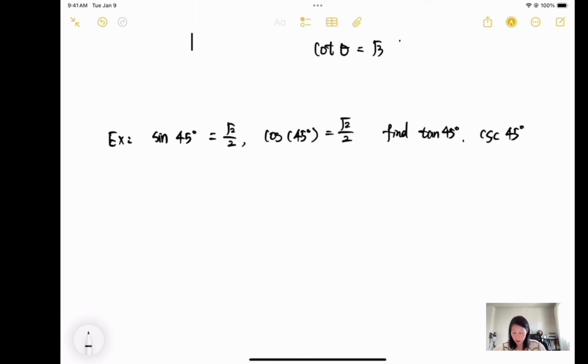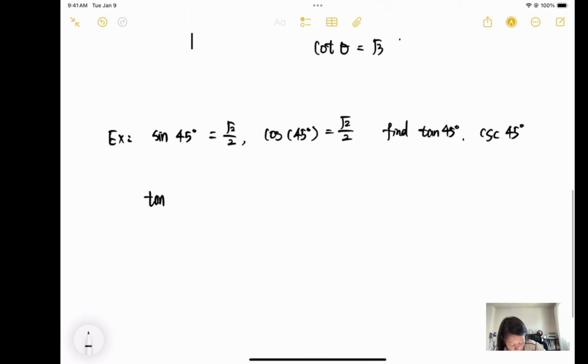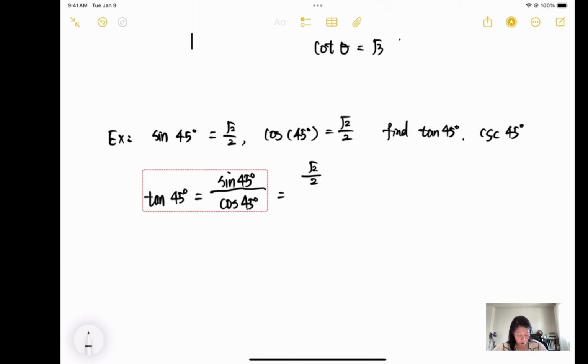Well, tangent 45 degrees is equal to sine 45 degrees over cosine 45 degrees, which in this case is square root of 2 over 2 over square root of 2 over 2, which is equal to 1.